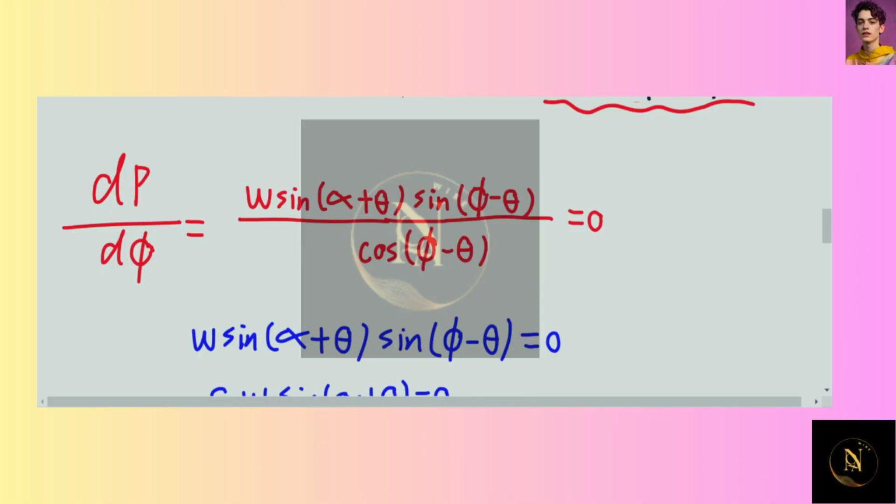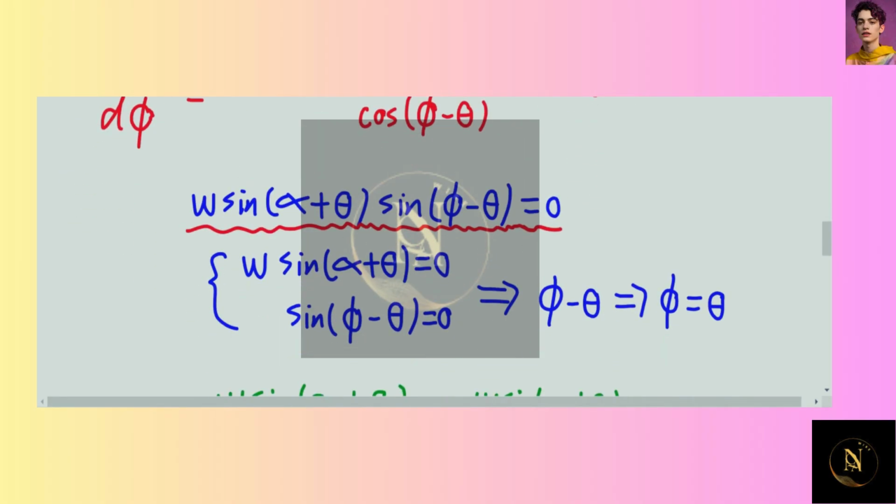Since we know the value in the denominator cannot be equal to 0, the only factors that can be equal to 0 are W sine (alpha plus theta) times sine (phi minus theta). This gives us two options: W sine (alpha plus theta) is equal to 0, and sine (phi minus theta) is equal to 0.